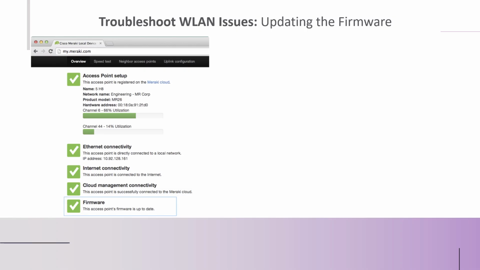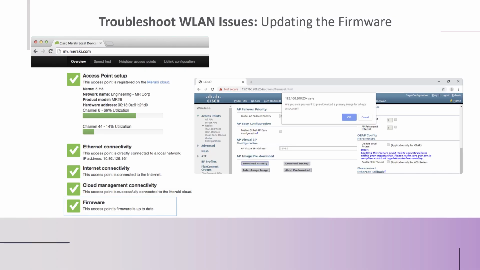On the wireless controller, there will most likely be the ability to upgrade the firmware on all access points that the wireless controller controls. Here, the network administrator is downloading the firmware image that will be used to upgrade all the access points.